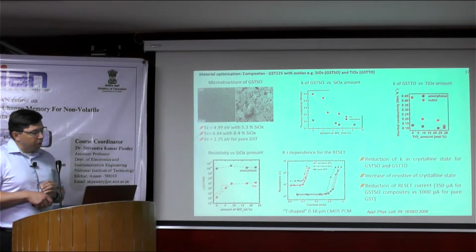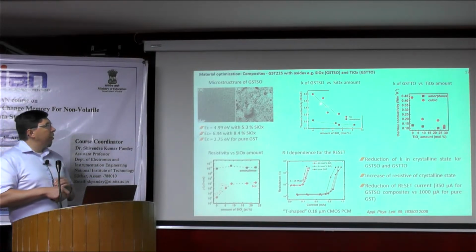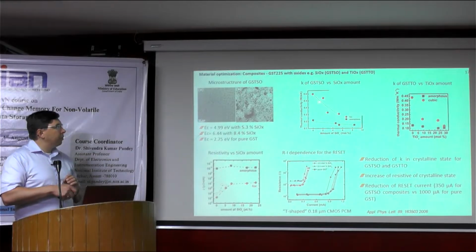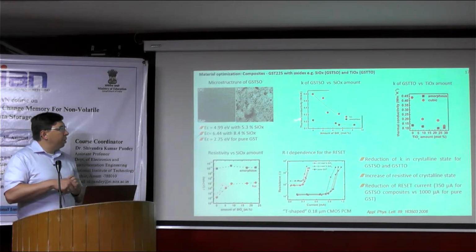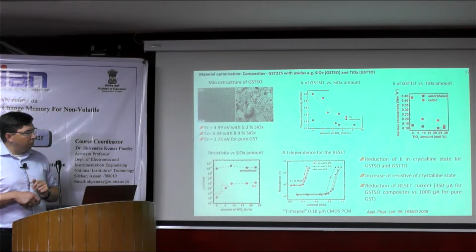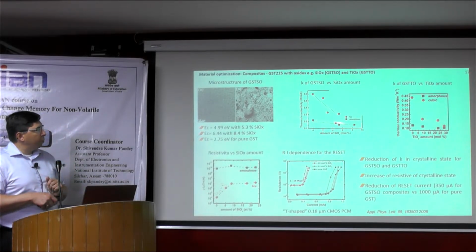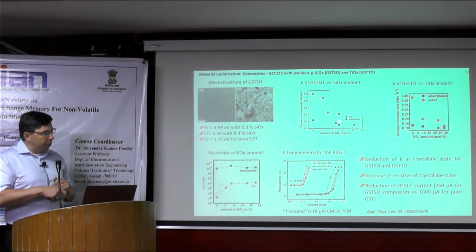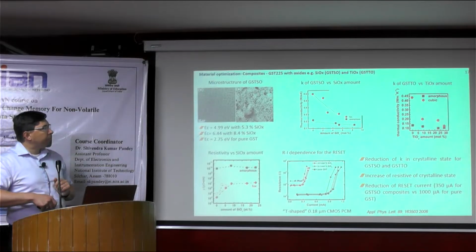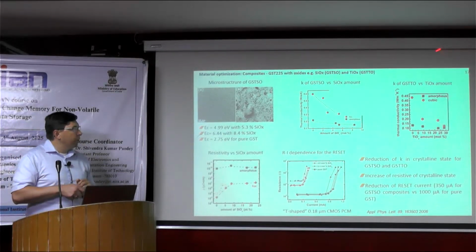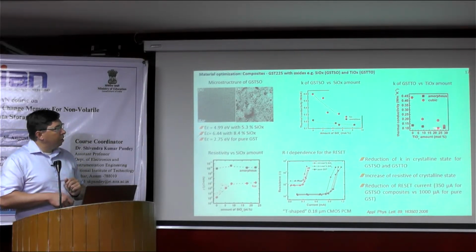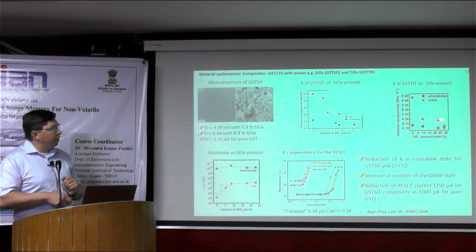Interestingly, such composites also reduce the thermal conductivity of the overall system, in the sense that the thermal conductivity of both amorphous and crystalline phases is reduced. In the case of TiOx, the same effect occurs: the thermal conductivity is reduced.